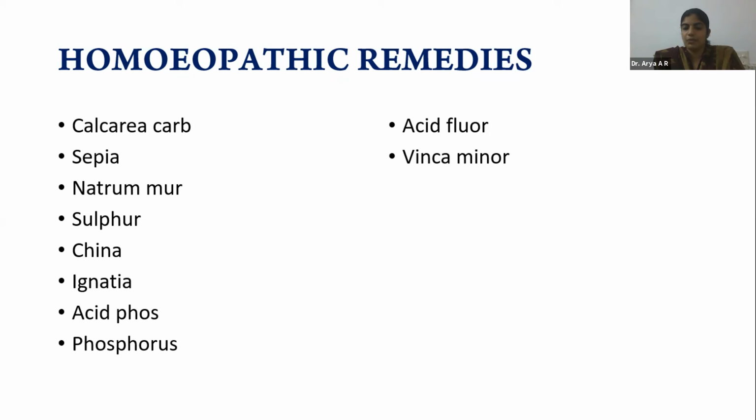Okay. So whenever a patient comes to you with hair fall, you should definitely go for their constitutional remedy, because you should know the history, how it started and all. First manage with some acute remedies to ameliorate the condition, and then go for the constitutional remedy.